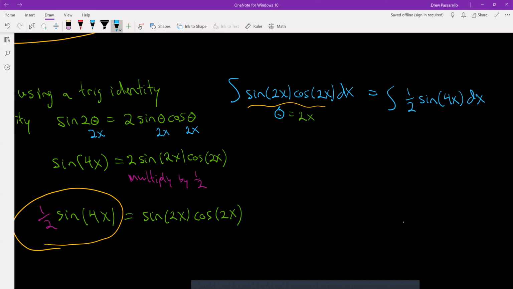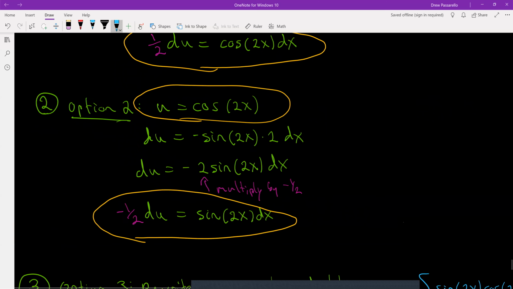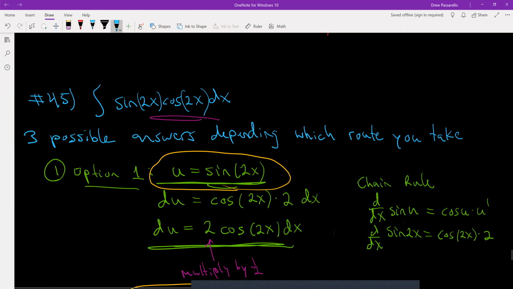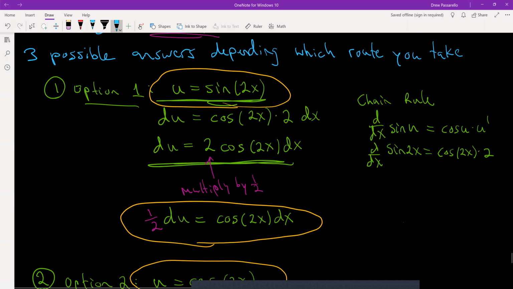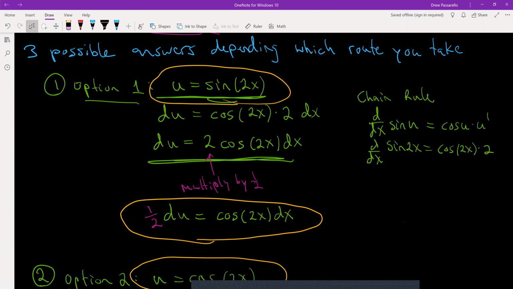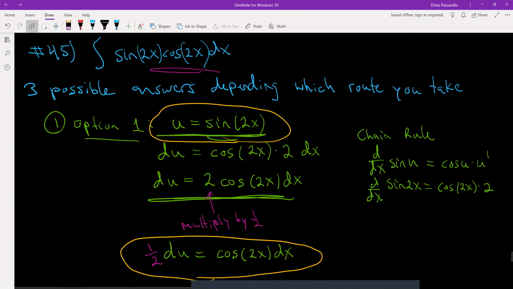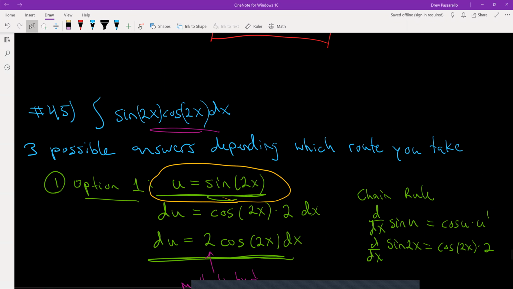And then you just go from here, and I would do a u sub for the 4x. All right, so those are the 3 options we could go with. Now I'm going to work it out with each option so it shows which answer you have, the 3 different answers. All right, so option 1 is letting sine be u.